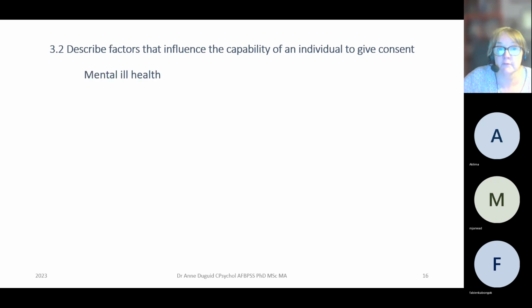Okay, so what things affect it? Some people will struggle to give consent because they have mental ill health. They are basically deemed to have difficulties in being able to say yes or no. So this is often an issue of medication, and psychiatrists have to deal with it a lot, because they may have a patient, a client, who has particularly psychotic episodes.